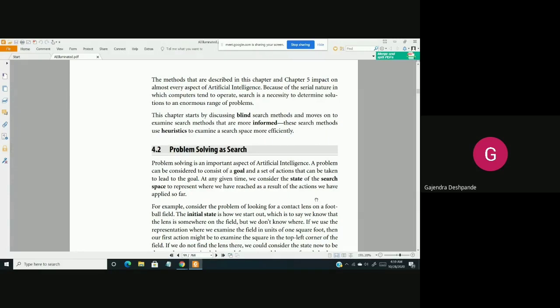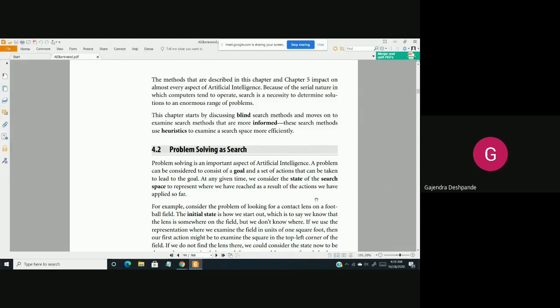Say, for example, there is a problem which needs you to take 10 steps to solve. Now if you are at the fifth step, then you have applied 5 steps to reach an intermediate goal. That means you have solved your problem partially. When you reach your 10th step, that means you have solved your problem completely. So your fifth step is known as a state of the search space.